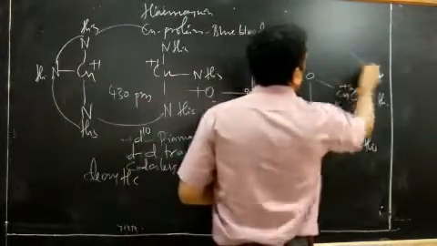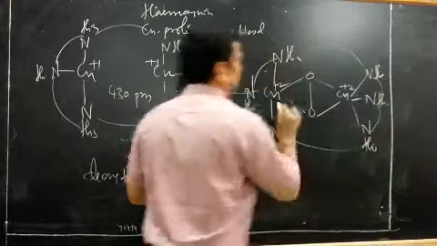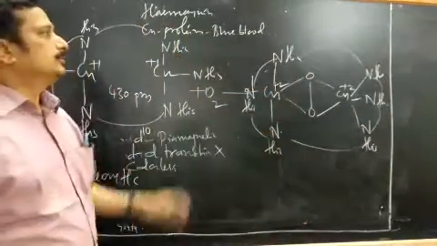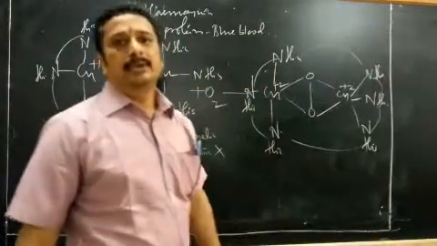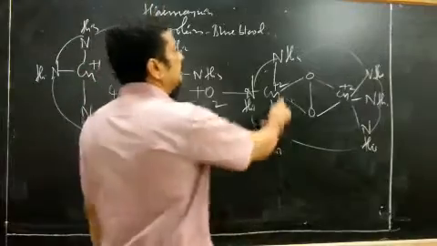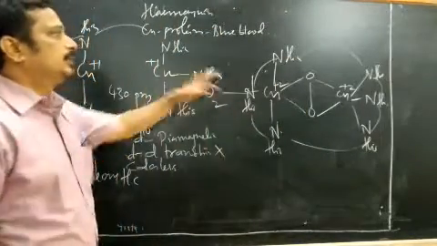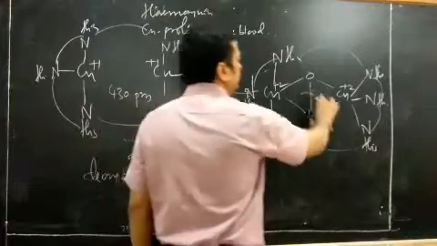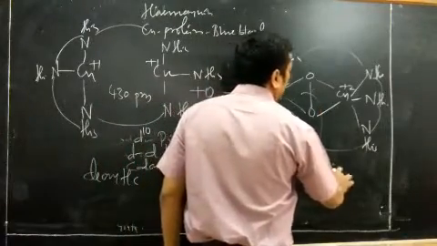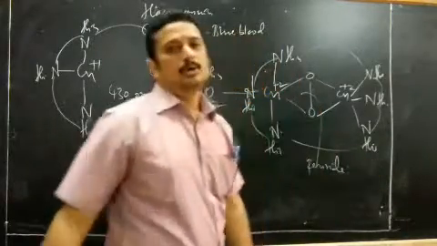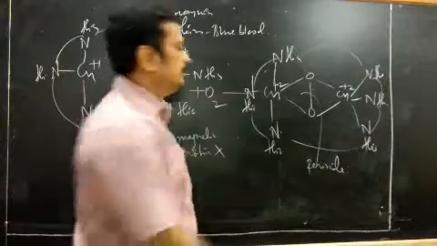So the copper is oxidized to the +2 state, and oxygen is bonded in the form of peroxide. It is blue in color.